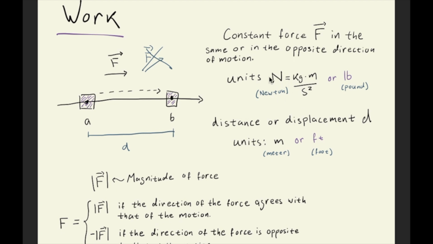You can't use force in newtons and then the displacement in foot. That's because the unit of force already assumes what the unit of length is, right? So you see in newtons we're using meters for units of length. So these two units play well together, and pounds play well with foot, but you can't mix them up. So if force is in newtons, displacement is in meters. If force is in pounds, displacement is in foot or feet.